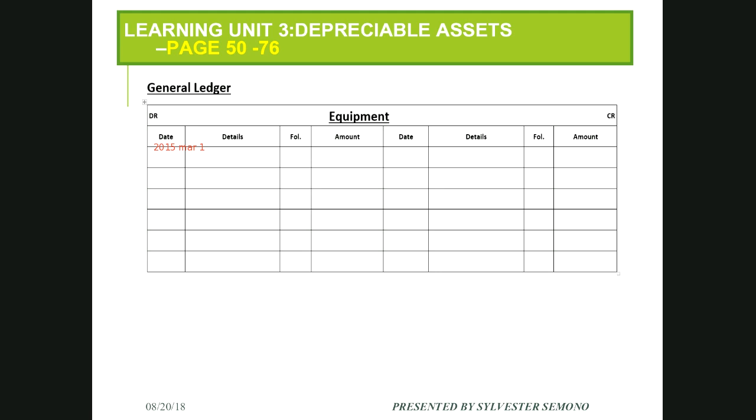Balance brought down. But the brought down must be under the folio. Yes, brought down like this. And then obviously the amount, as you said, is 456,000. Are we together? That's it.